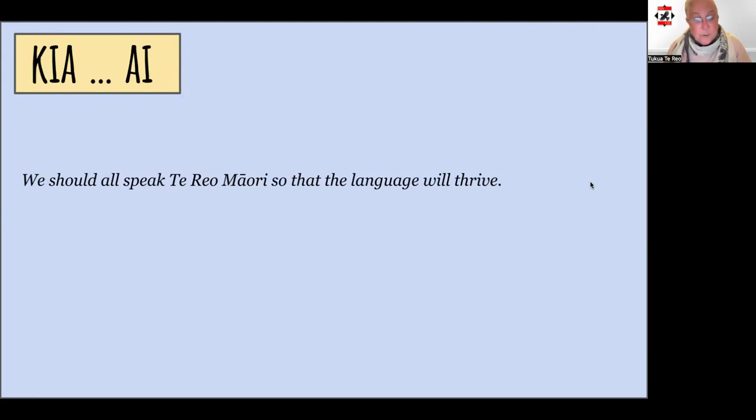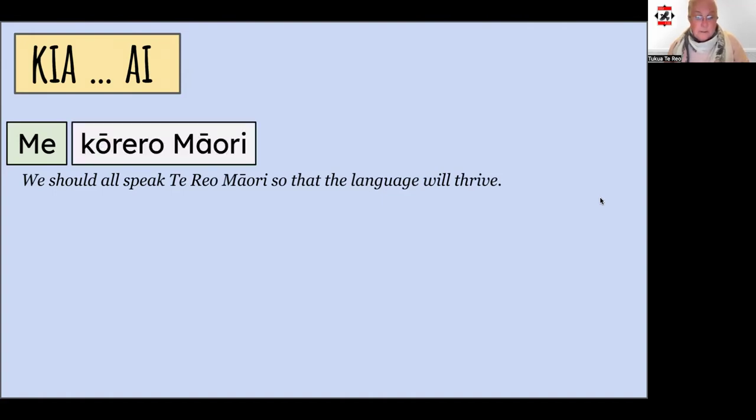The last rerepūtake sentence structure is this one, using kia and I. The purpose of this one is to say something should happen so that there will be a specific result. Here's an example. We'll start the sentence with me to say something should happen, followed by the thing we're suggesting, and we've already got here, we should all speak Te Reo Māori. Me kōrero Māori.